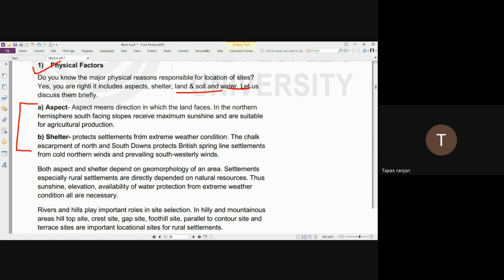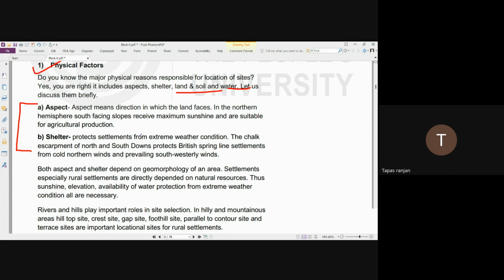Aspect is basically that part of the slope which receives a high amount of insolation. We need insolation, we need sunlight. And if any slope is receiving a high amount of insolation or sunshine, that is suitable for agricultural production, so a lot of people will be encouraged to build their shelters there.